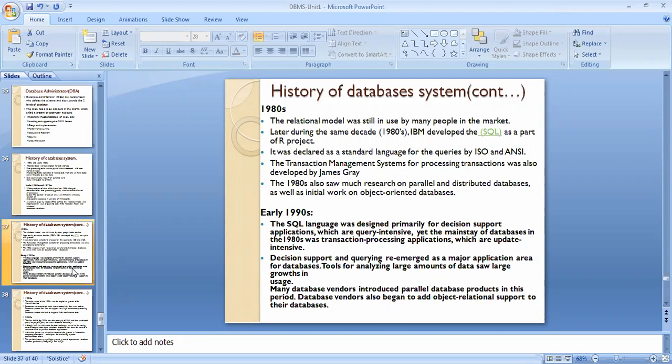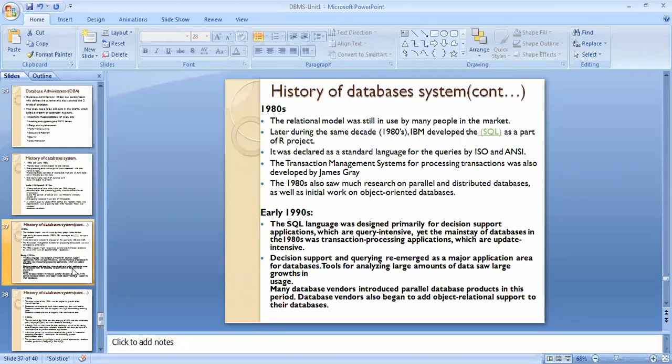It was declared a standard language for queries by ISO and ANSI. After that, the transaction management system for processing transactions was also developed by James Gray. The 1980s also saw much research on parallel as well as distributed databases, and the initial work on object oriented databases.